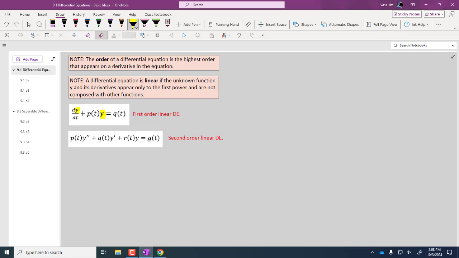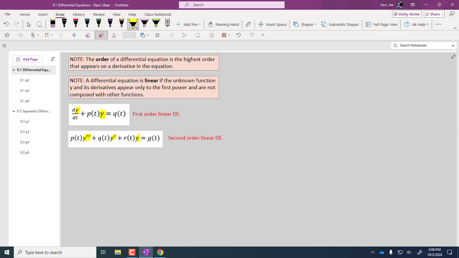If we look at this one down here, this is going to be second order because we've gone up to a second derivative. So we've got the independent variable is t, and then the dependent variable is y, and y's derivatives. So this is a second order differential equation because the highest derivative is 2, but it's still linear.